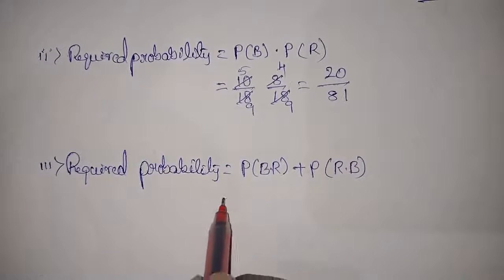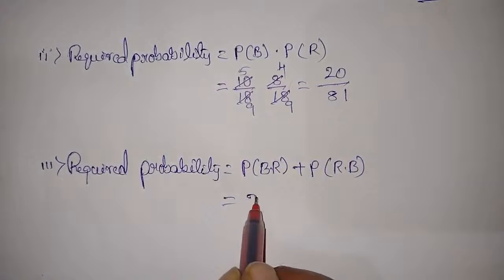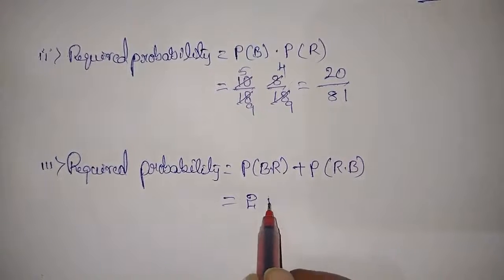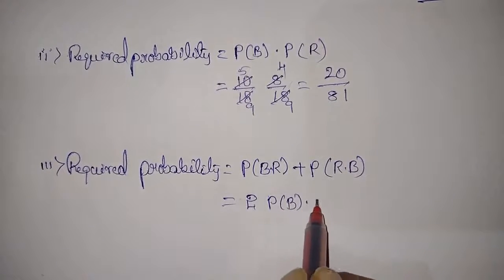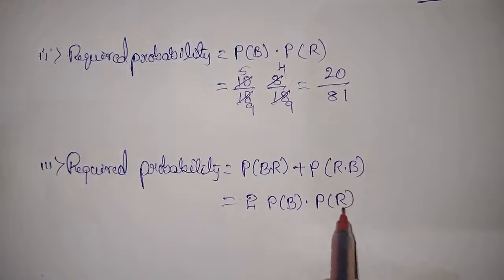Both are the same, so we take 2 times P of B into P of R. Clear?